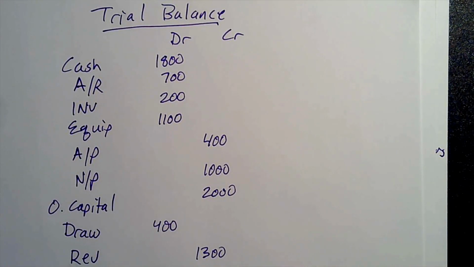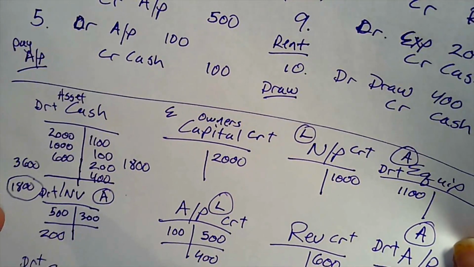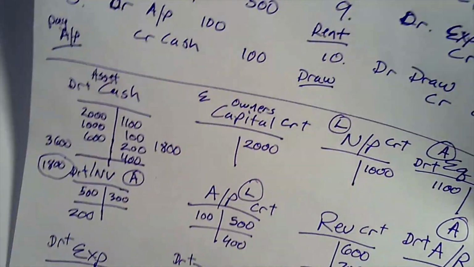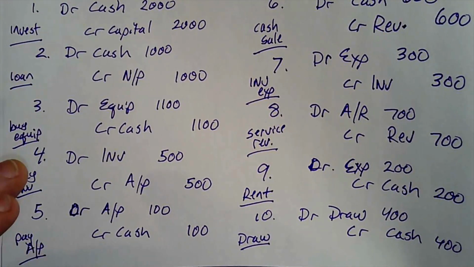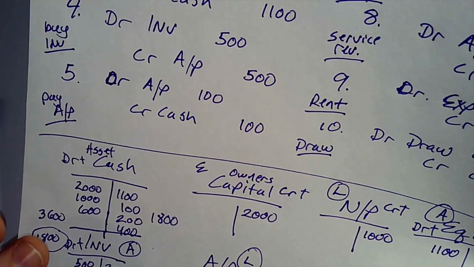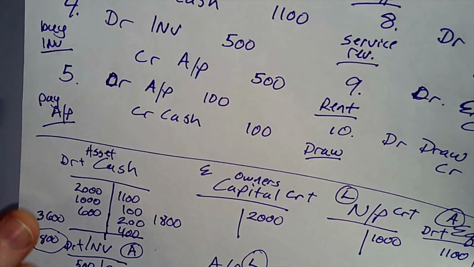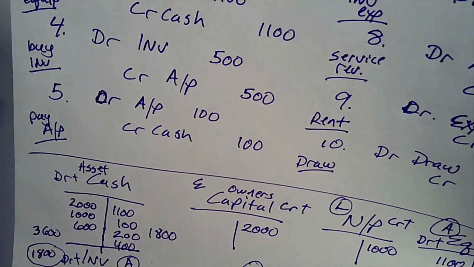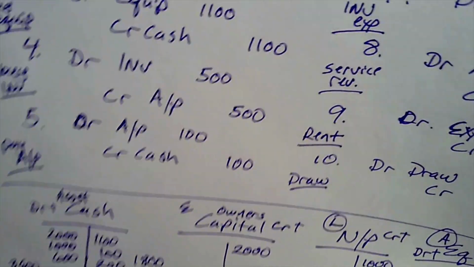Notice in my trial balance, my debits do equal my credits. That's because my trial balance is just taking the balances of all the T accounts. What we said was, if all the journal entries balance, and then we break them apart and put them into actual accounts, any individual account may not balance, but all the accounts should balance together because they come from the journal entries.